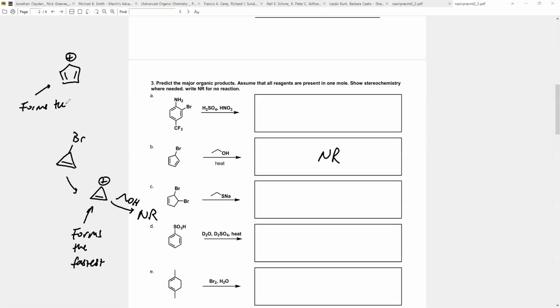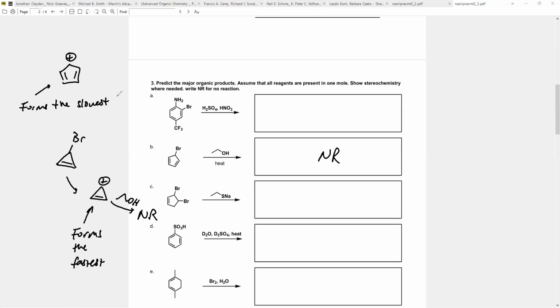I hate to say it, but this is a very vocab-y kind of section, for multiple choice. If you're asked which cation forms the fastest, you want to go with the aromatic. The fastest reacting cation, though, will be the non-aromatic, because aromatic cations will not react at all. Anti-aromatic cations won't even form, or they form at obviously the slowest.